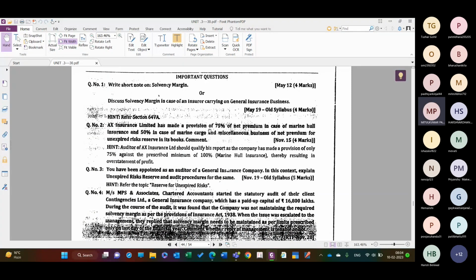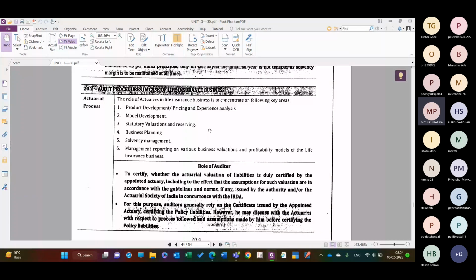Okay, no, fine, sir. So let's start with the audit procedure in case of life insurance business. Actuarial process. This actuarial process is technically very, very difficult because there is an actuarial course. Those who are experts in mathematics are able to do the complex calculations.